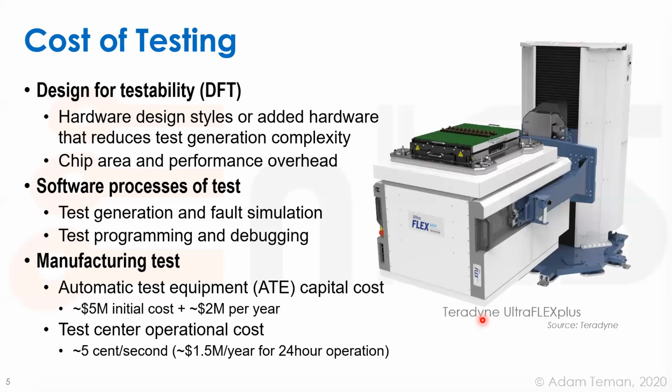So we're talking about a really high cost just to have one of these testers, and we probably will need many of them to do the testing. And the operational cost will be about several cents a second. And if we say we're operating one tester for 24 hours and it costs several cents a second to operate, that's $1.5 million a year.